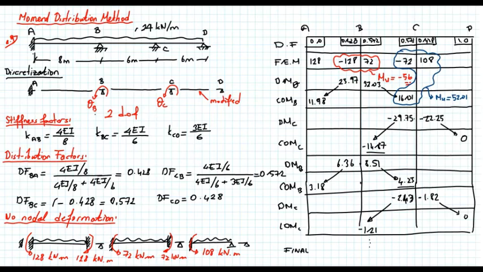We can ignore that. And at the end of the day, the final moments are as follows: 143.42, minus 97.15, 97.15, minus 83.79, 83.79, and this one is 0.